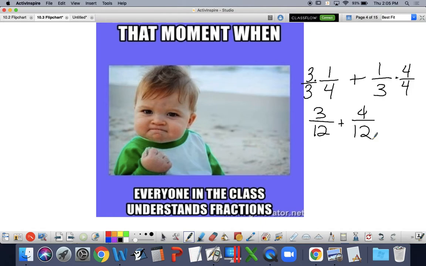Just add the numerators, right? Add your numerators, keep your denominator. That exact same approach is what we're doing today, but on a very advanced level, because we're in Algebra 2. There was a bit of hemming and hawing last class, but it's all right. We're going to get through it.